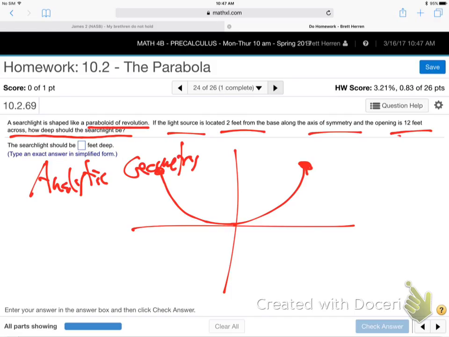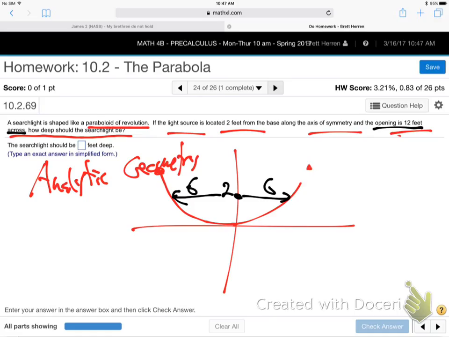What are they saying? The light source is 2 feet from the base along the axis of symmetry. So the light source is 2 feet up here. And the opening is 12 feet across. So they mean this is 6 feet in each direction.